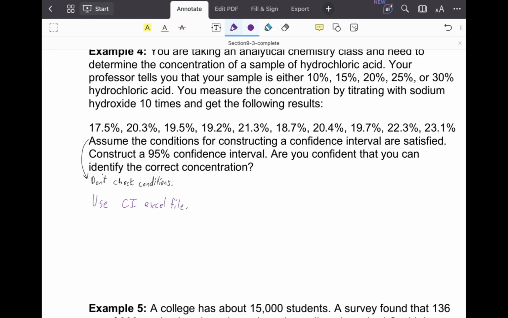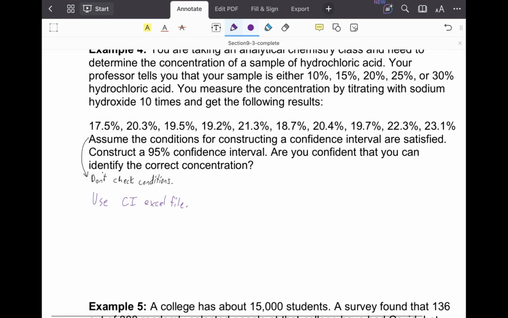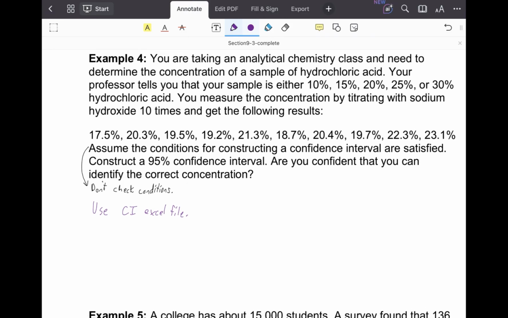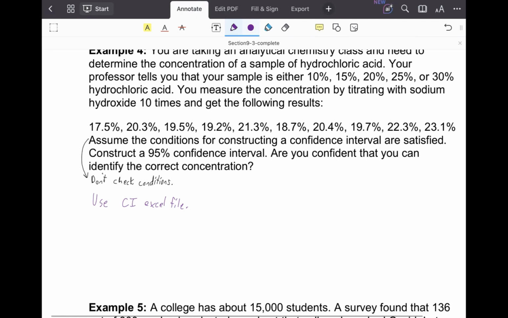They're giving us data, so it should be a clear indication that you want to use the mean. It doesn't say the word average or mean, but we would want to find the mean concentration percentage that we have here.